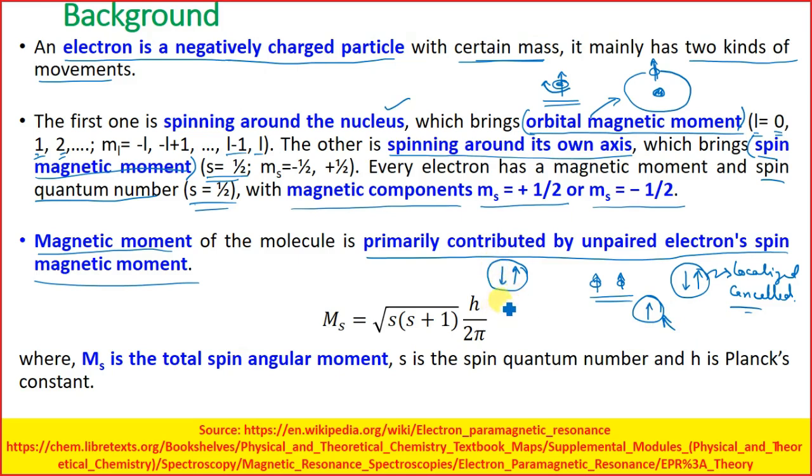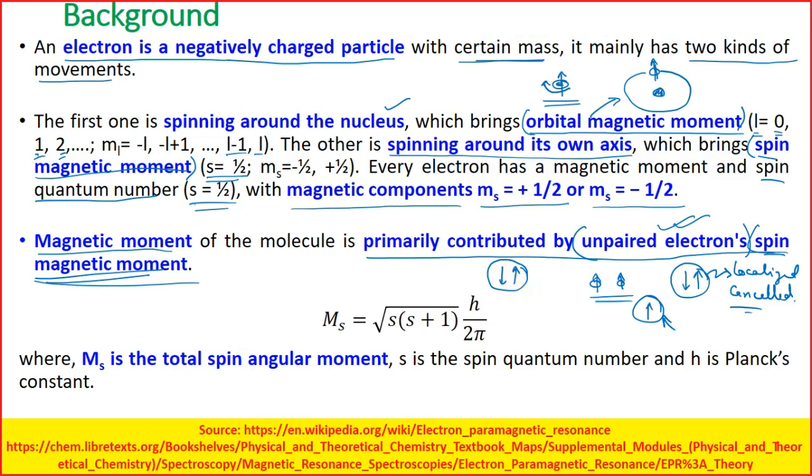Similarly, over here, for a molecule to show an EPR or ESR signal, we should have unpaired electrons, and the spin magnetic moment created by these unpaired electrons will be used for the analysis.